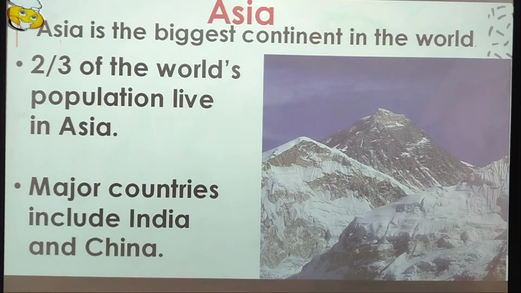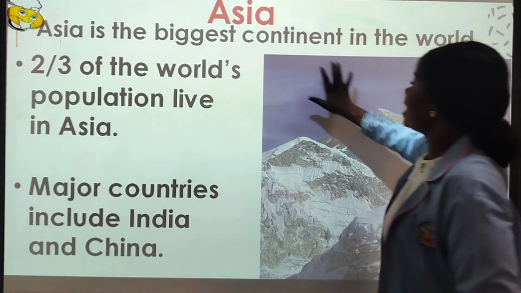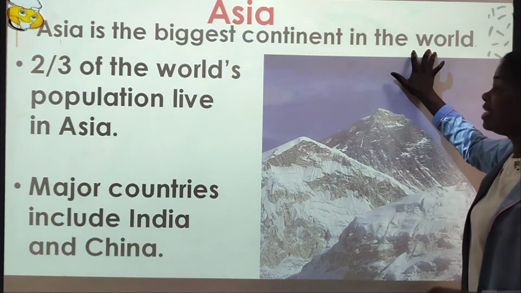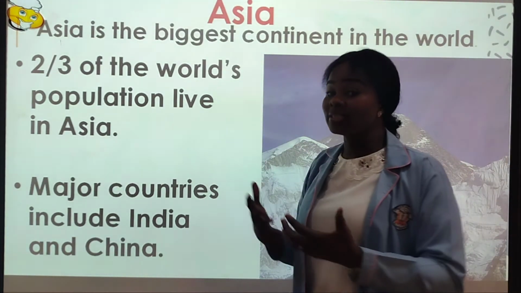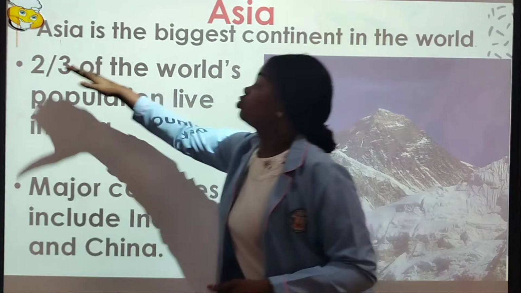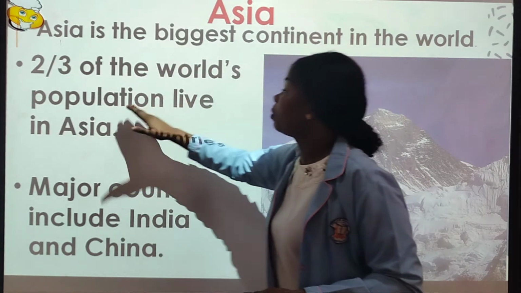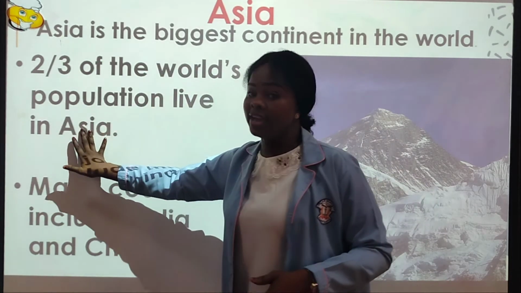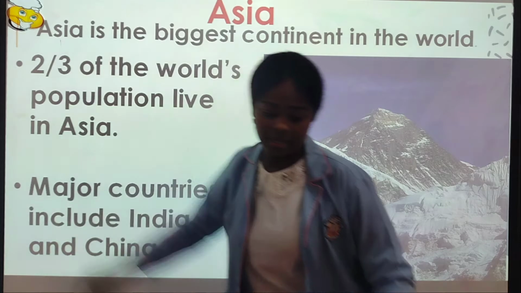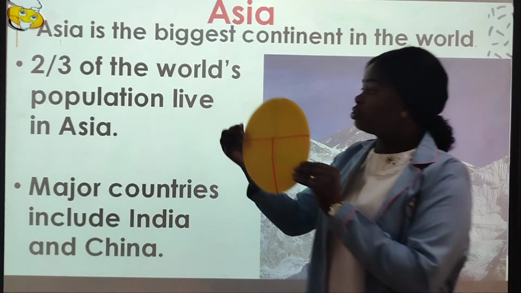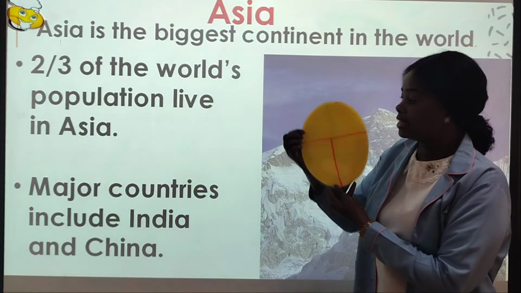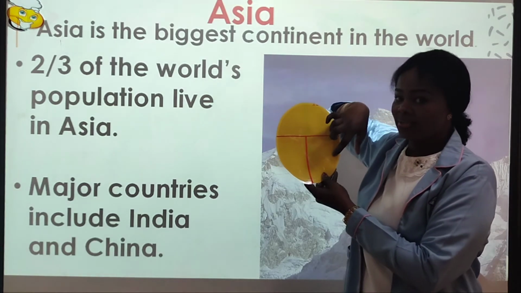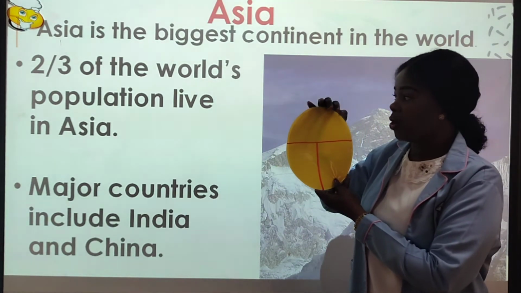Now let's talk about Asia. Asia is the biggest continent in the world. 2/3 of the world's population live in Asia. What is 2/3? Now, I want you all to look at this. For example, this is the earth, alright? 1, 2, 3 is the world, alright?